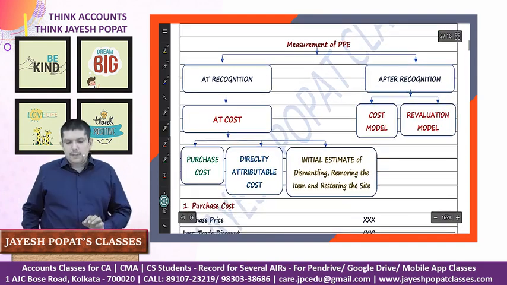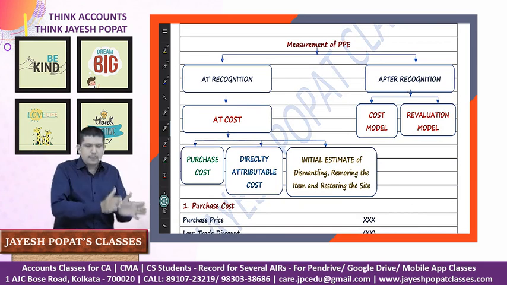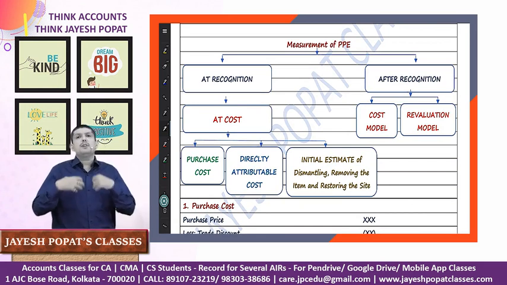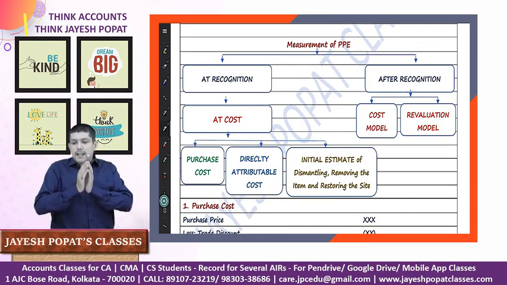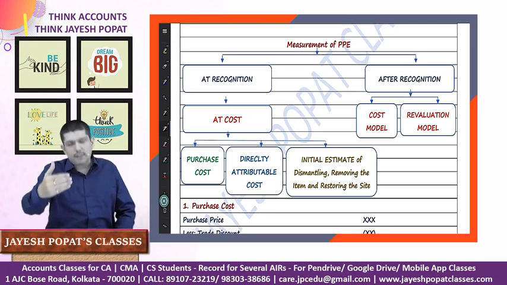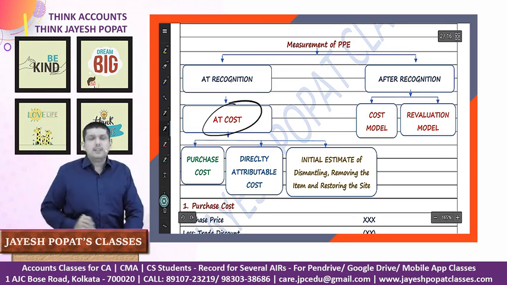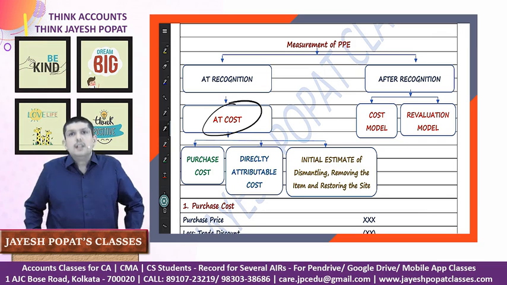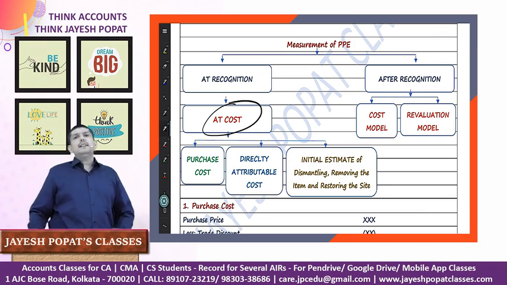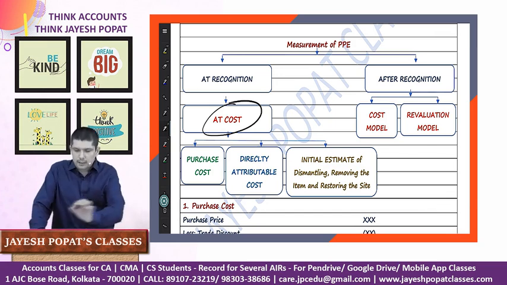Then we'll talk about measurement of PPE. This measurement has to be done twice. One at the time of initial recognition, that is the first time you are capitalizing your item of PPE, and second is after recognition, that is you are carrying on the PPE at each balance sheet date. The initial recognition has to be done at cost, and the cost will have three components: the purchase cost, the directly attributable cost, and initial estimate of dismantling, removing and restoring the site, that we will talk about.